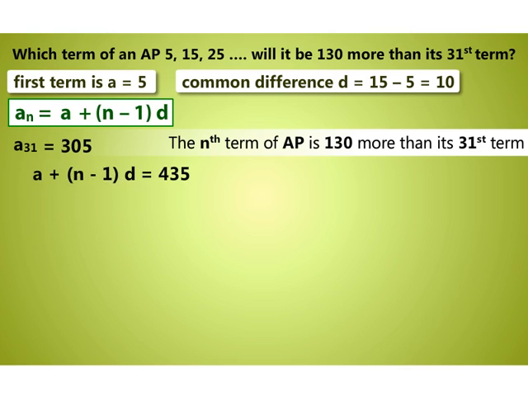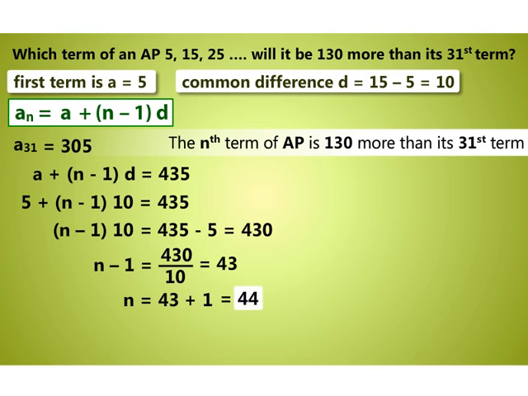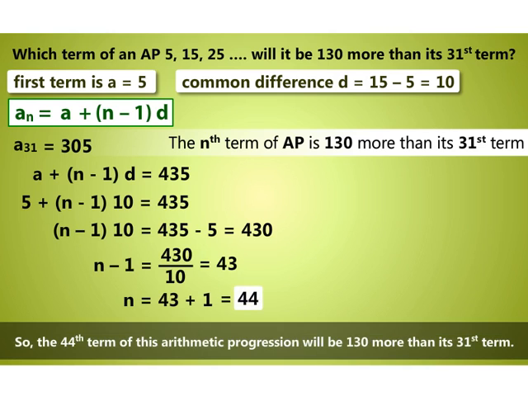Substituting the known values, we get 5 + (n minus 1) into 10 is equal to 435. n minus 1 is equal to 435 minus 5, which is equal to 430. n minus 1 is equal to 430 by 10, which is equal to 43. n is equal to 43 plus 1, which is equal to 44. So, the 44th term of this arithmetic progression will be 130 more than its 31st term.